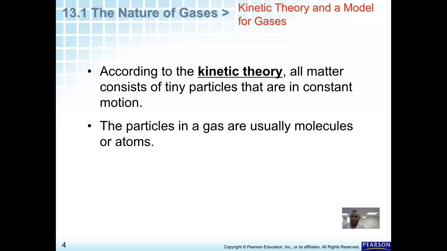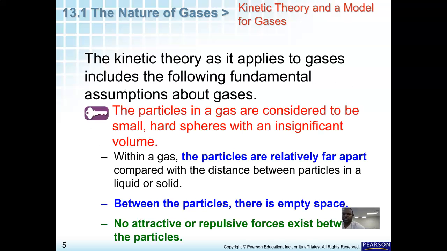Other gases are molecules: hydrogen, H2, nitrogen, N2, fluorine, F2, chlorine, Cl2, carbon dioxide, carbon monoxide, sulfur dioxide, nitrogen monoxide, and so on. We can list thousands of molecules that are still gases.